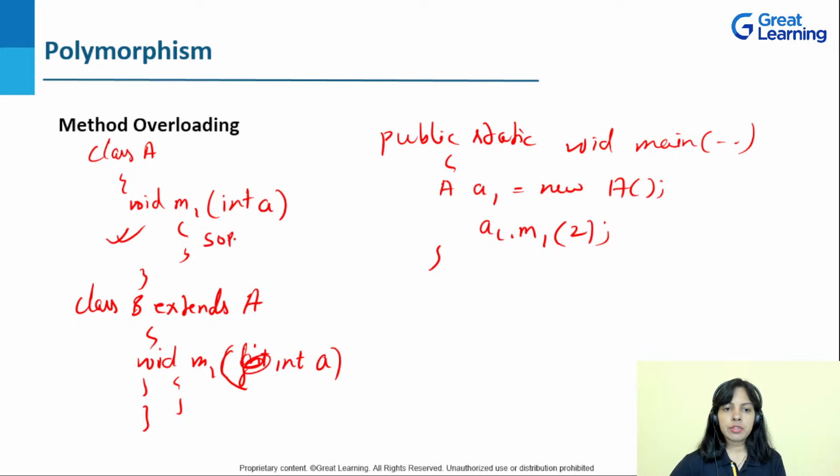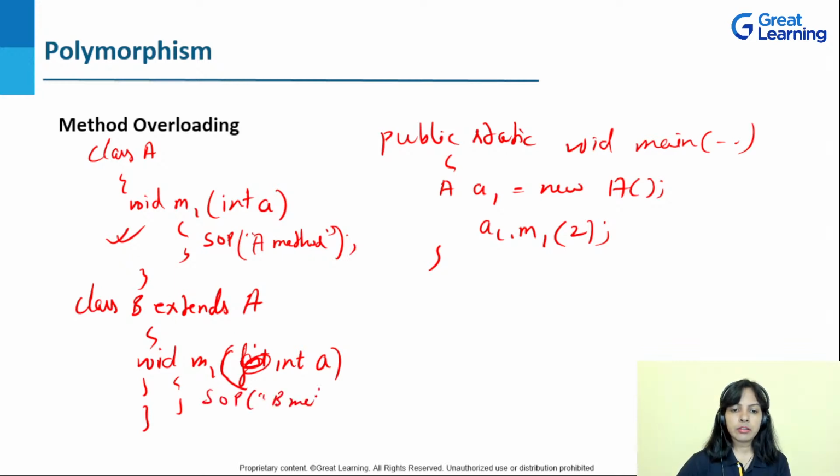If I write SOP, System.out.println, in short form, guys, and this prints A method, and this prints B method. So A1.m1(2), if I call, what will be the output of this? A method.